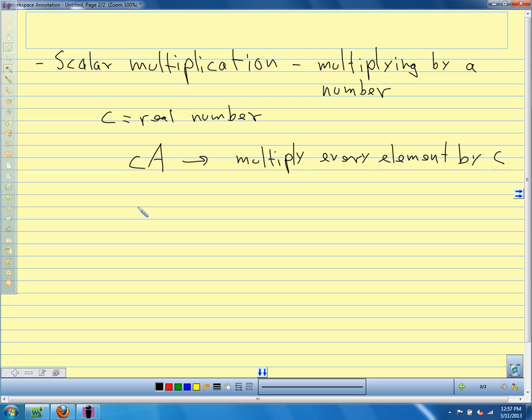If we are talking about the negative of a matrix, negative A, all we're doing is multiplying our matrix by -1. So we just multiply every element by -1. The negative of a matrix is just we multiply every element in the matrix by -1. We change the sign on every element.